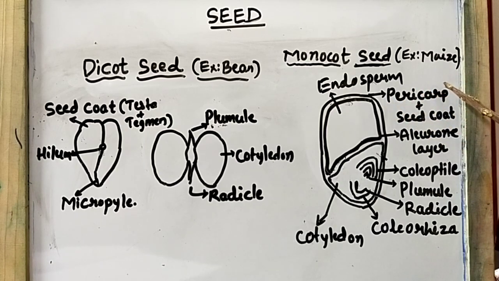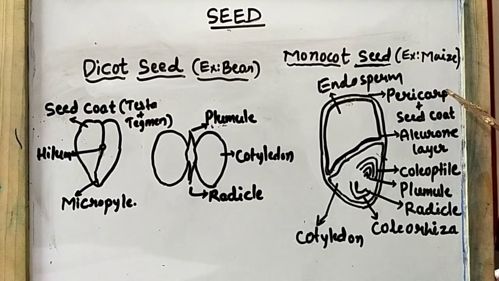There is no differentiation between the pericarp, that is the fruit wall, and the seed coat. Where is this kind of fusion present? It is present in some plants like maize.